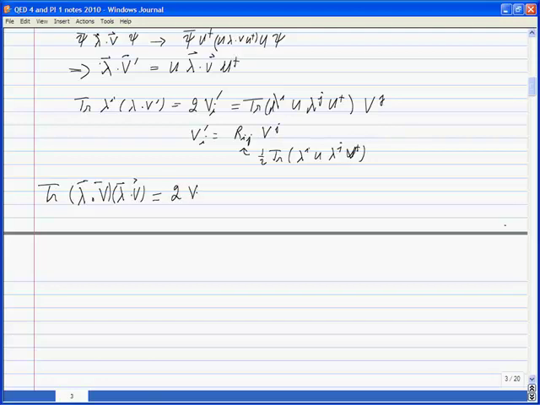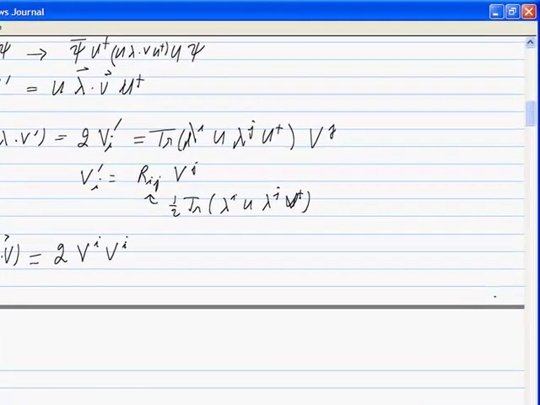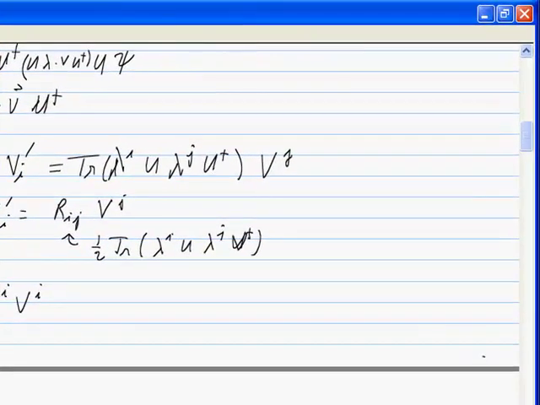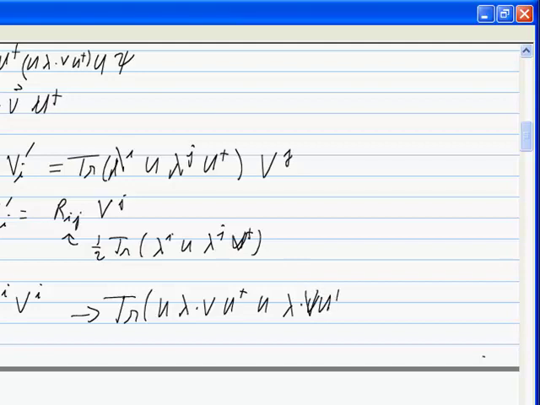That's then 2V_i V_i, so it's just taking the sum of them. That's an invariant, because if I make that transformation, it goes to the trace of u λ·V u† u λ·V u†.